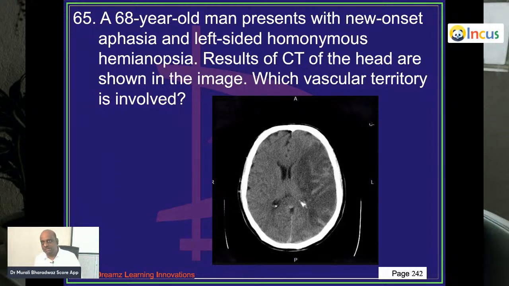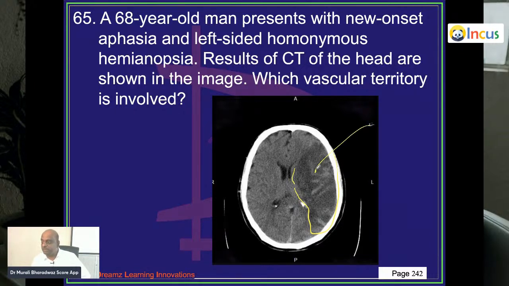Could you understand? Good. A 68-year-old man with a new onset aphasia with a left-sided homonymous hemianopia. So always, aphasia is there, means which hemisphere is affected, doctor? Dominant or non-dominant? Dominant hemisphere lesion leads to aphasia. Right-handed guy, what is the dominant hemisphere? Left.